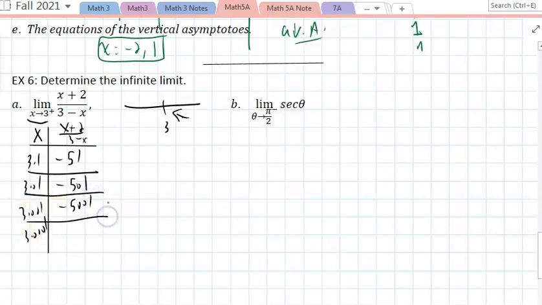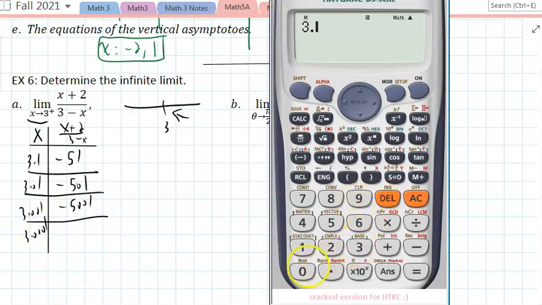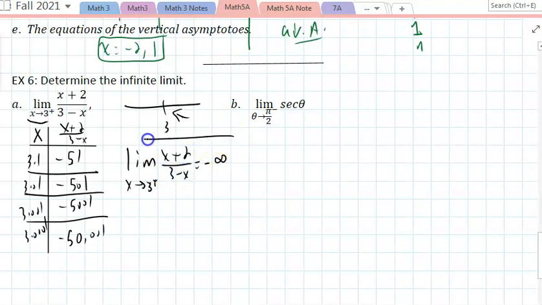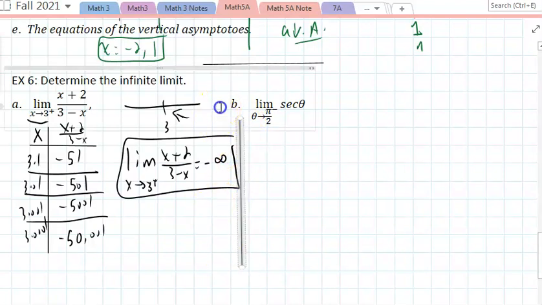You could keep on doing this until you're convinced of what the value is. Negative 50,001. So I could say with confidence the limit as x approaches 3 from the right of x plus 2 over 3 minus x looks like it's heading toward negative infinity. A quick sketch will do it, but if I say determine the limit, you have to show me some work.